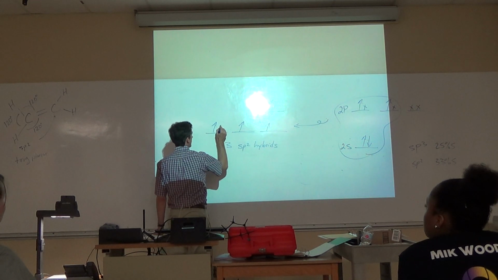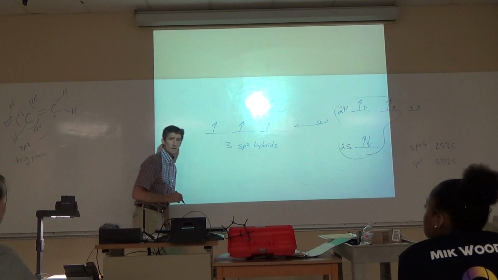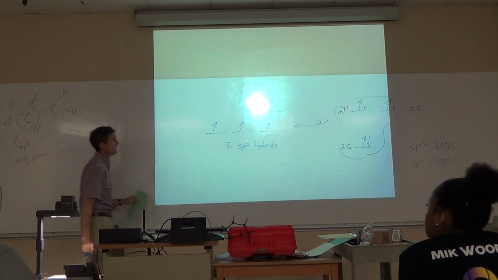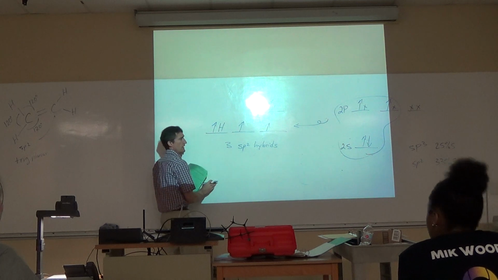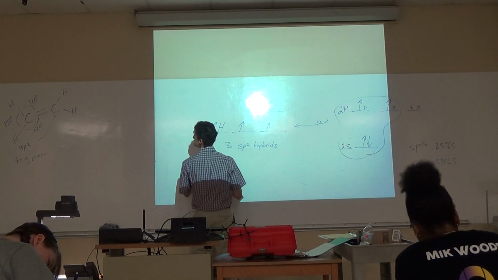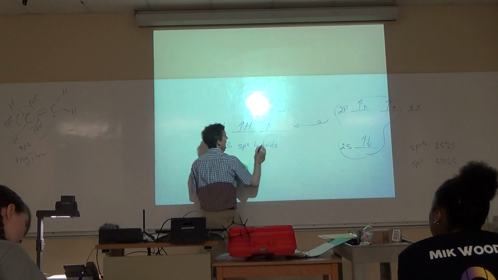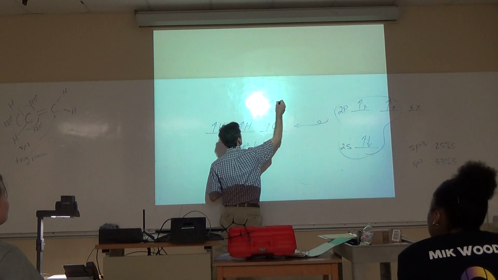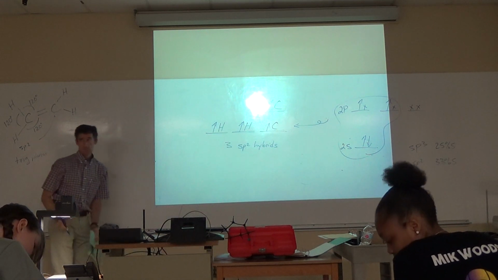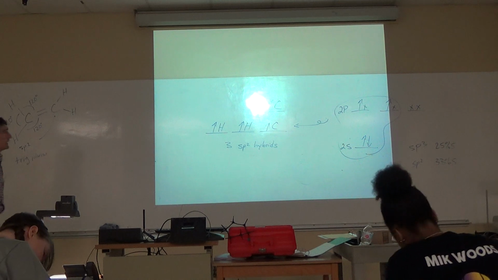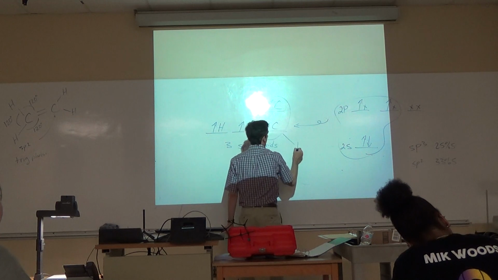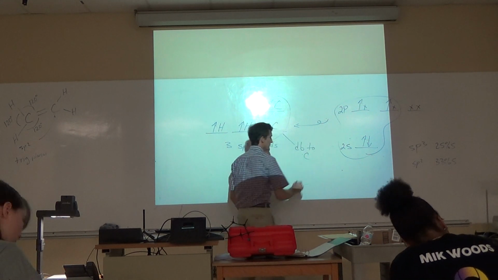And then we make bonds to H. Instead of doing X's, because this carbon is bonded to both H and the carbon, I want to distinguish between H and carbon, so I'm just going to draw the H. That's an electron from the H, an electron from the H, an electron from... We're making a double bond to carbon. We need 2 bonds. It's here and here. And that's your double bond to carbon.